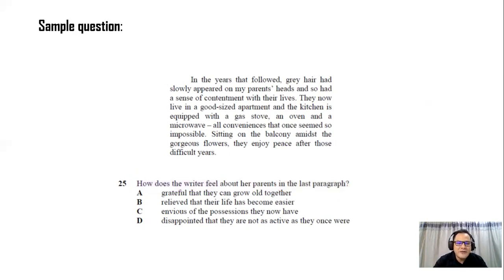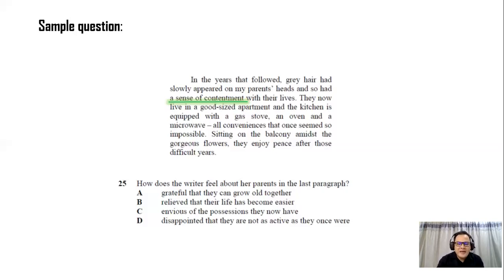A, grateful that they can grow old together. B, relieved that their life has become easier. C, envious of the possessions they now have. And D, disappointed that they are not as active as they once were. If we look at the paragraph, we can find the phrase "a sense of contentment", which carries a positive feeling.